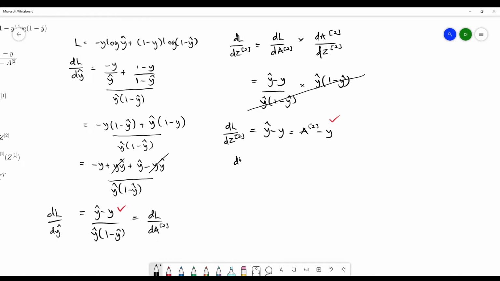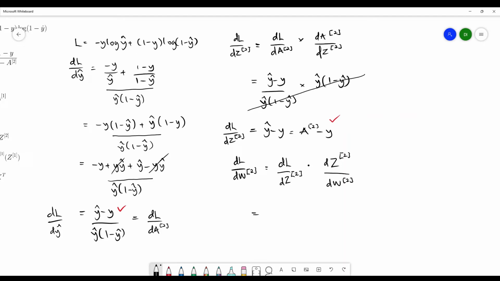We say dL/dW2 is equal to dL/dZ2 multiplied by dZ2 over dW2. And we have worked out dL/dZ2 as this, so we're not going to write it down.